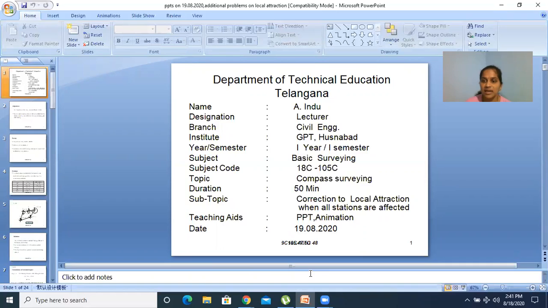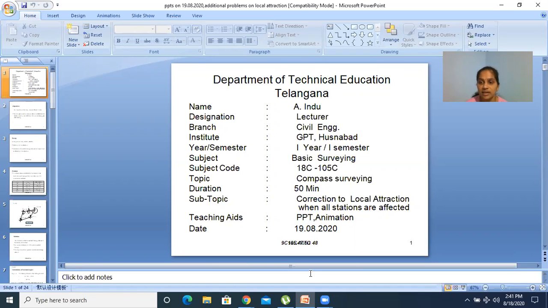In the direct method, we corrected the affected bearings at each and every station by applying a correction. In the included angles method, we calculated the included angle at each station and then applied the correction.